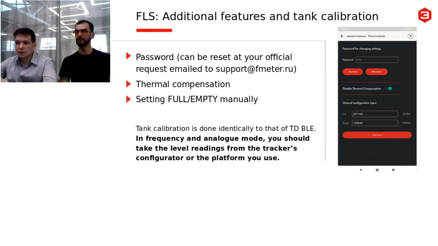In general, the tank calibration is done identically to that of a TD BLE. But in case you are opting for frequency or analog mode, you should take the level readings from the tracker's configurator or the platform you use, because the voltage that you see in our configurator is not true.